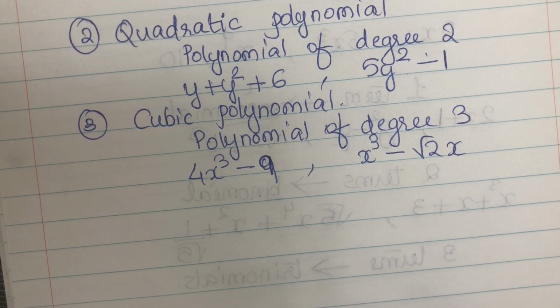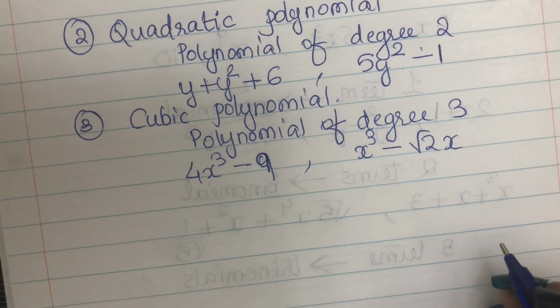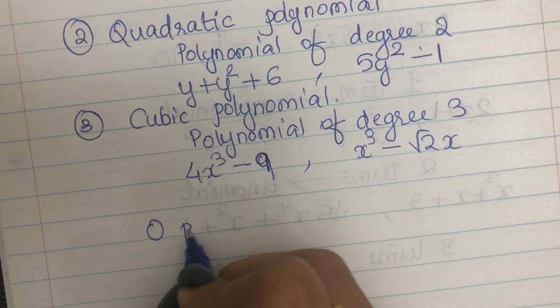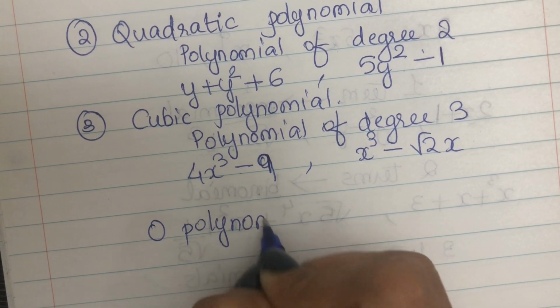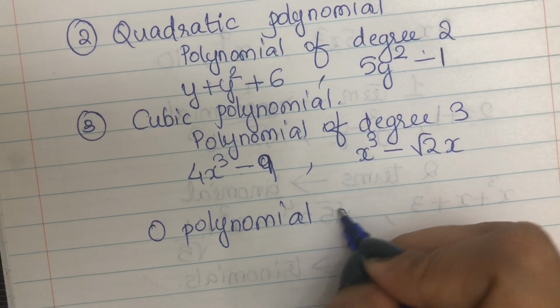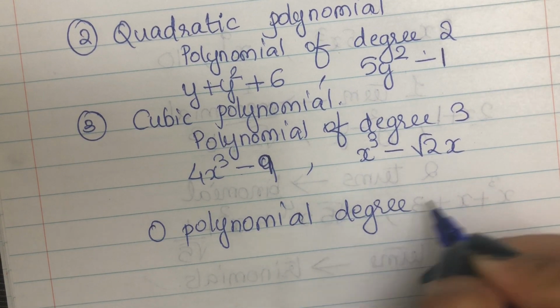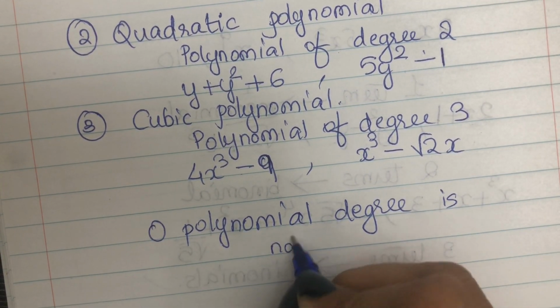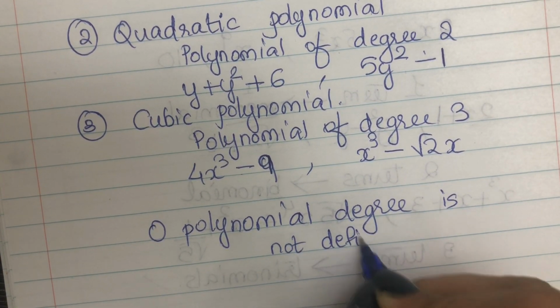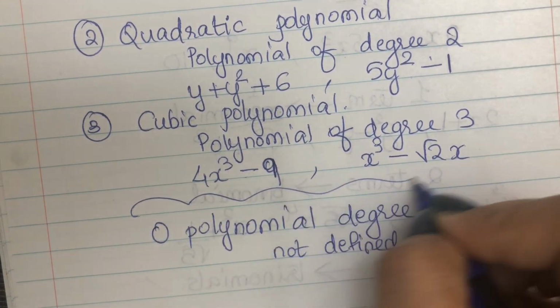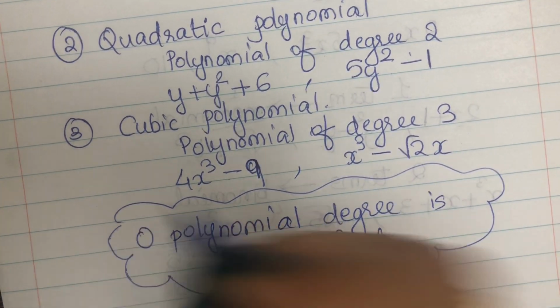If all the constants are zero, we get the zero polynomial. I told you earlier, right? So the degree of a zero polynomial is not defined.